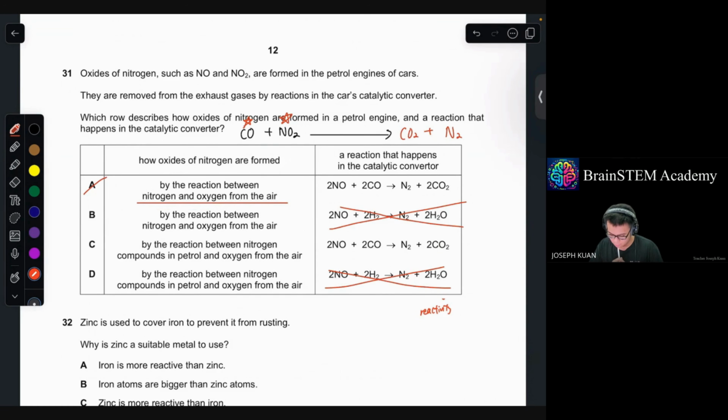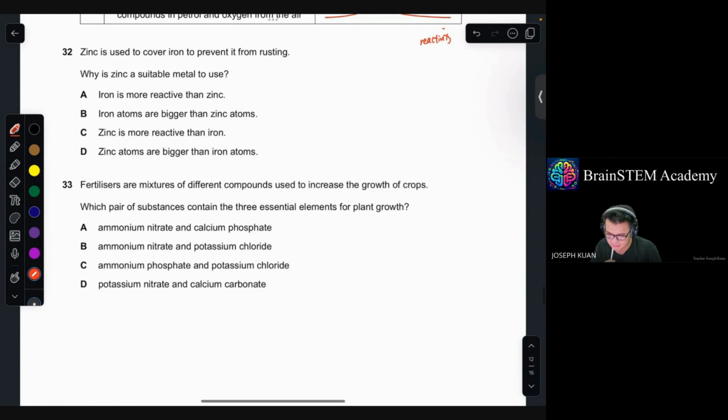Okay, moving on to question 32. Zinc is used to cover iron to prevent it from rusting. Why is zinc a suitable metal to use? So you can see that zinc is acting as a stronger metal here. It's trying to protect iron. So in order to protect iron, it must be, quote unquote, stronger.